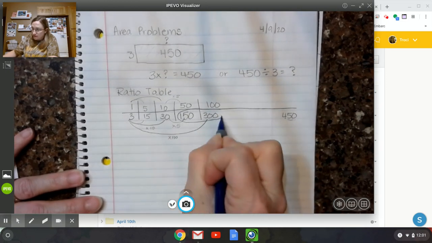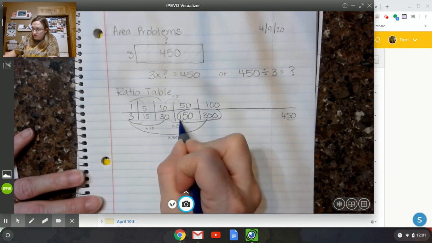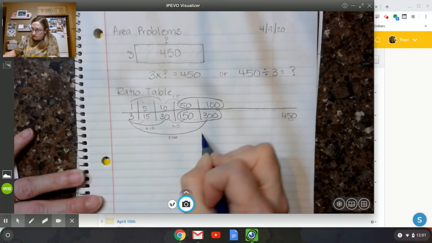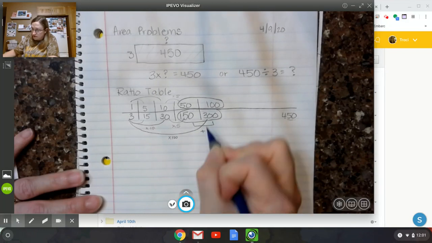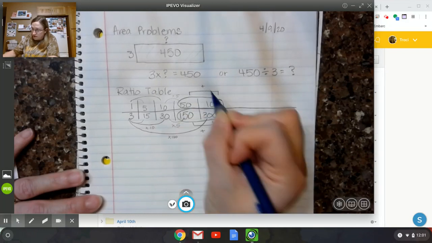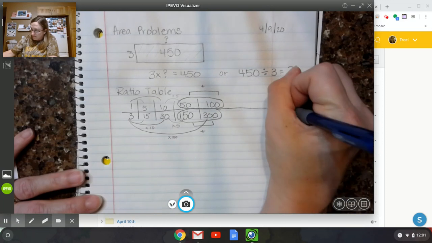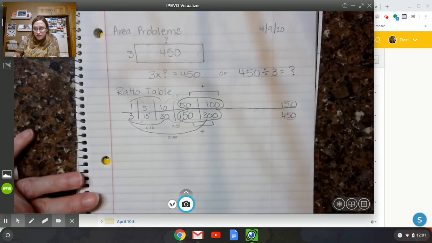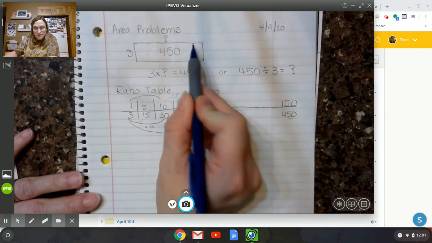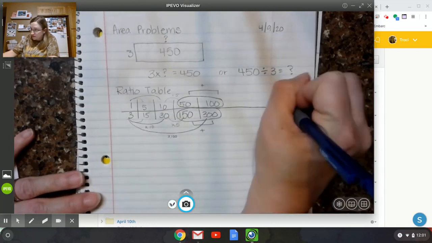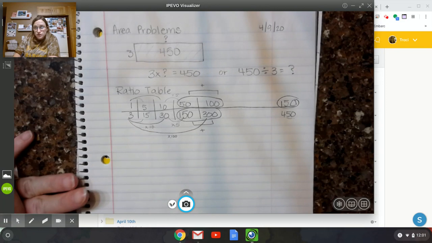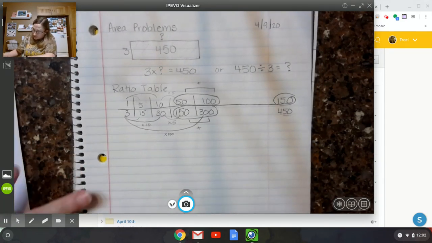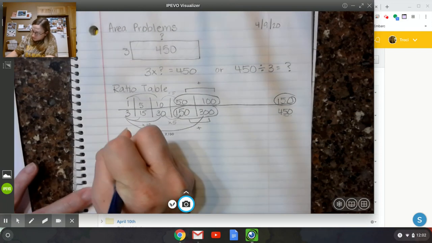I do. 300, 150. So if I combine these two and add these two and add these two, I get 450. So guess what the length of our long side is? I think it's 150. So that's a way I can use a ratio table. What about if I want to do an area model?